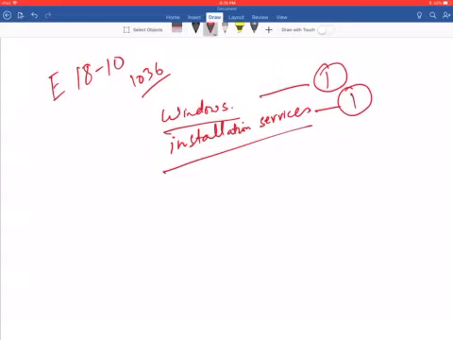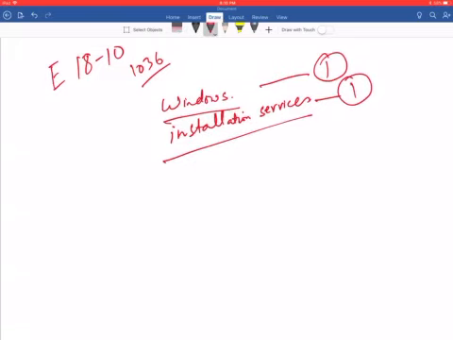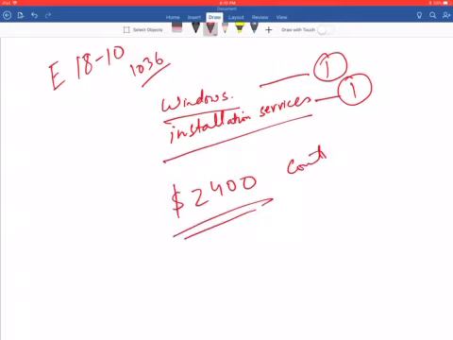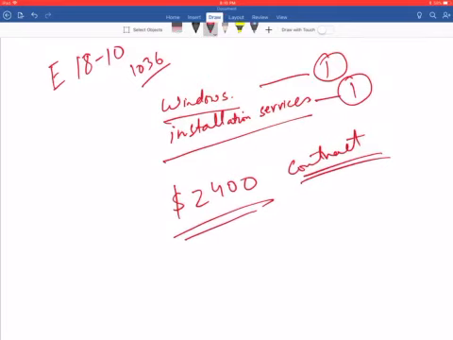So let's talk further. Jarrett's entered into the following contract on July 1st with a local homeowner. The customer purchases windows for a price of $2,400 and chooses Jarrett's to do the installation. So $2,400 is the transaction price for this contract, which has two performance obligations.